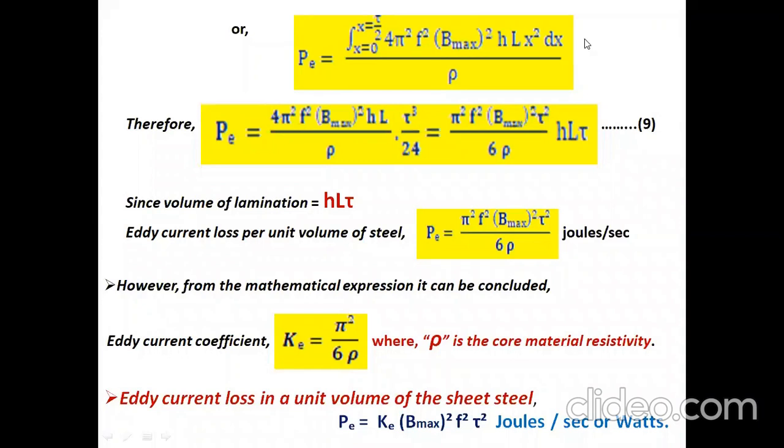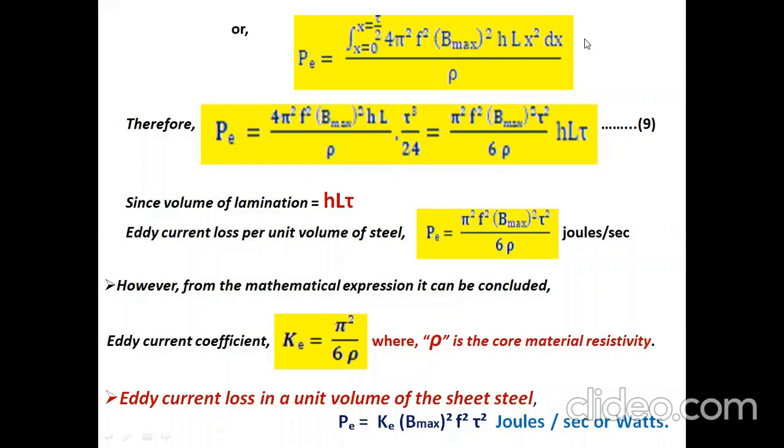Or PE equals integration from the limit x equals 0 to the limit x equals tau by 2 of 4 pi square F square B max square H L x square dx divided by rho.